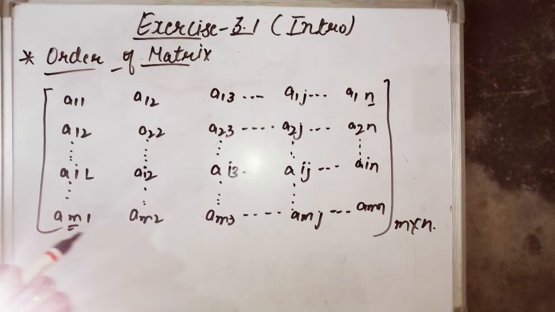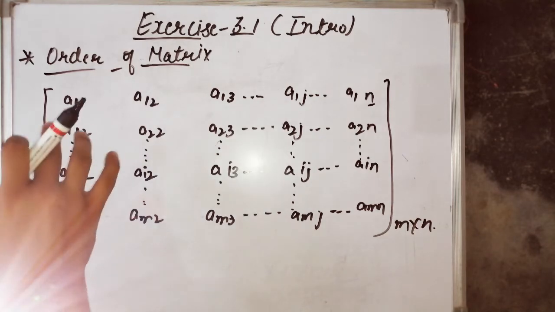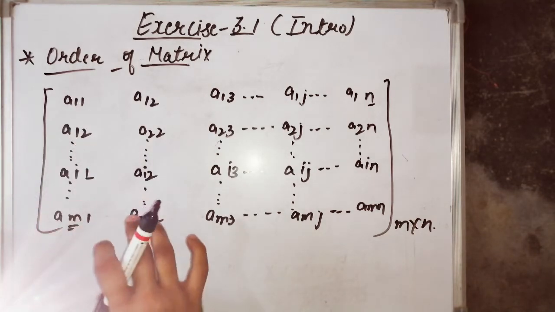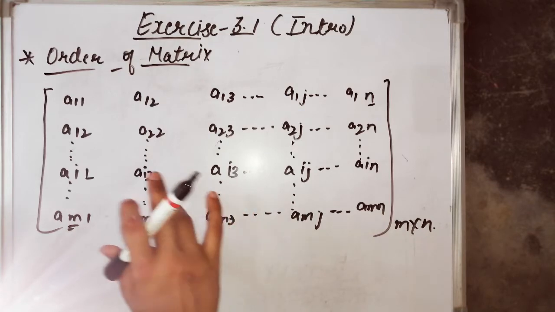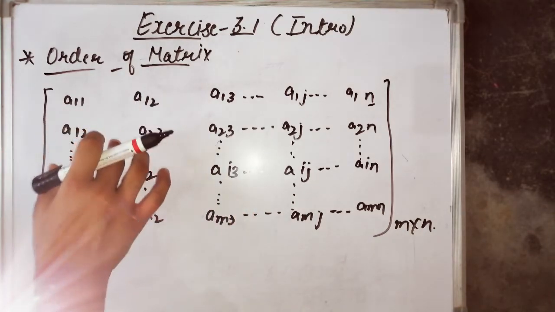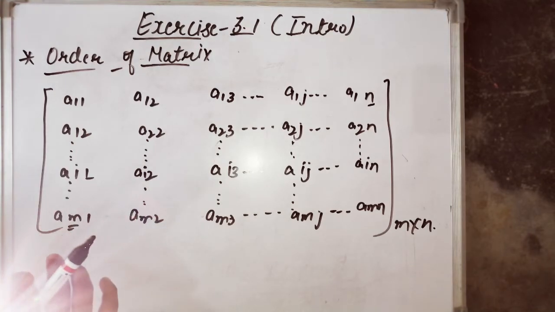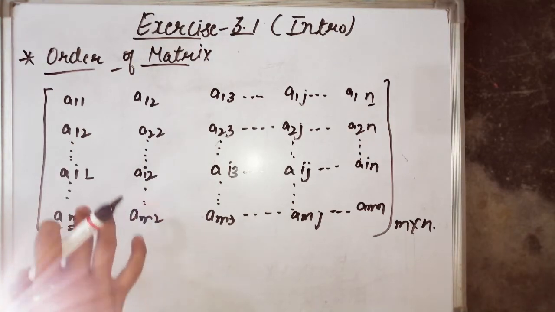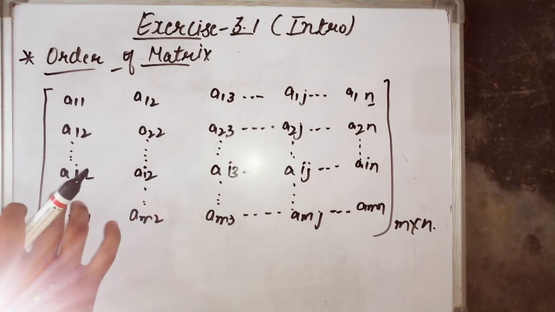These imaginary numbers mean that I have a11, a12, and after that what should come in order? I think here a13 should come.